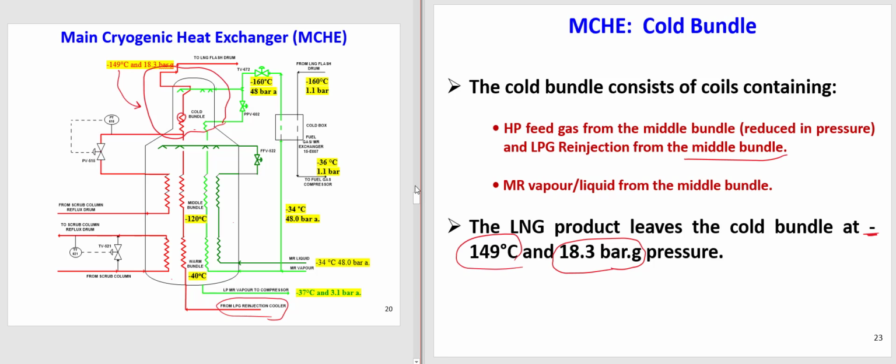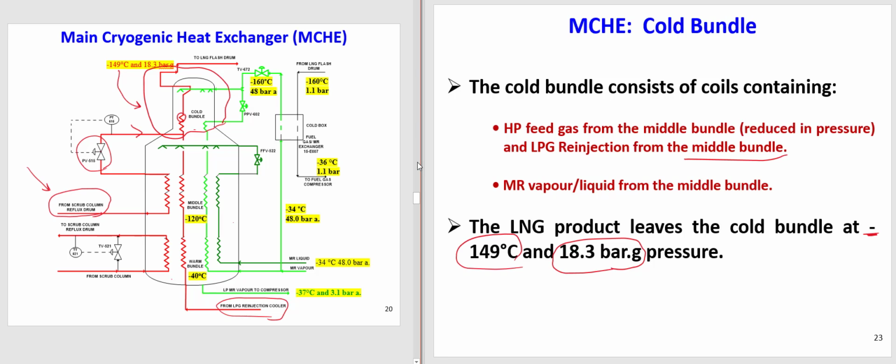We also have high pressure from the middle bundle. So we have high pressure gas that is coming from the reflux drum. This is a vapor from the reflux drum that goes to the middle bundle and then goes to the cold bundle along with the LPG reinjection stream.